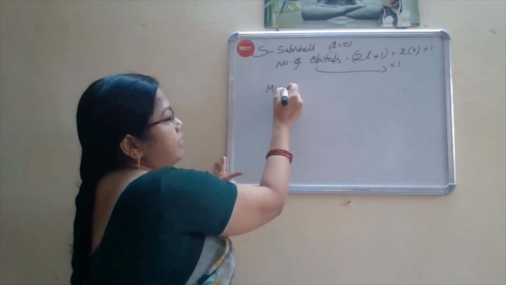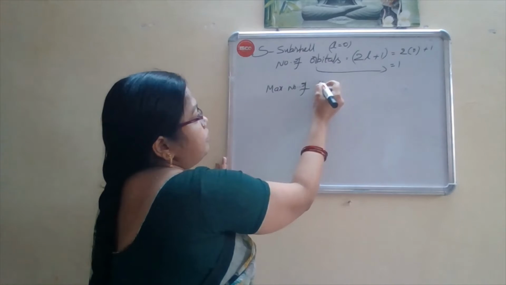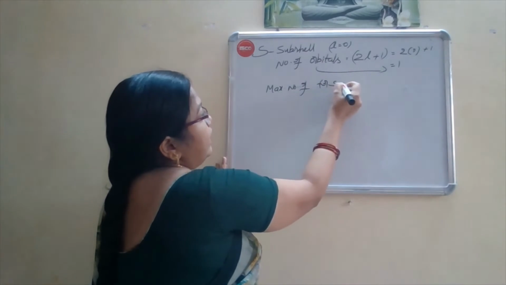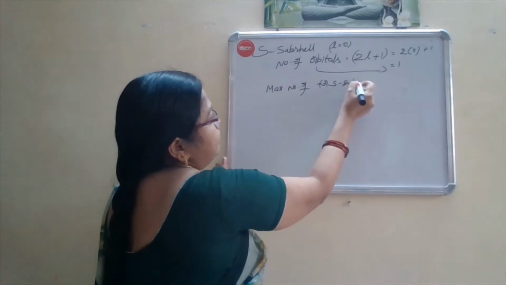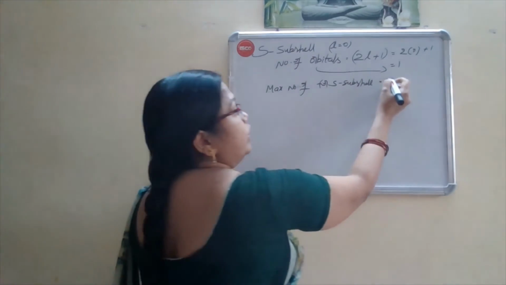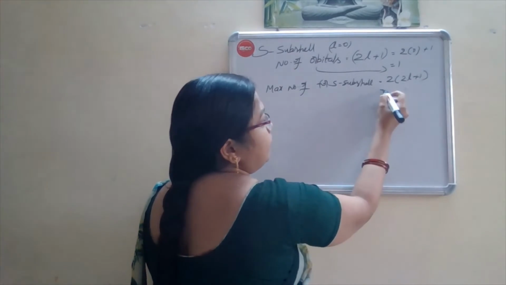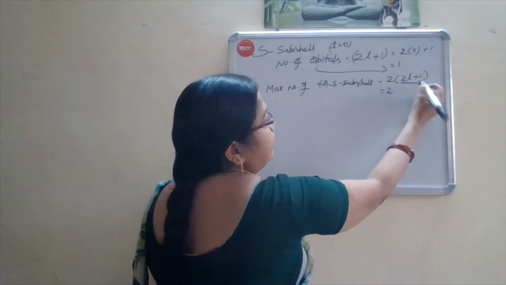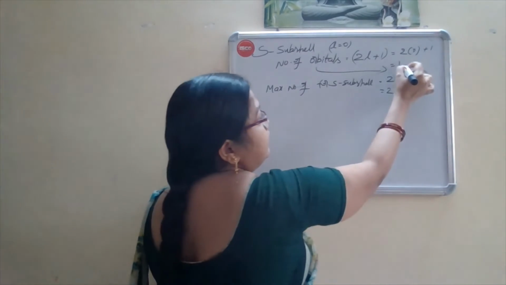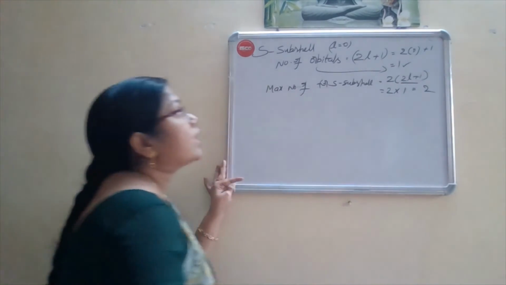Maximum number of electrons for a subshell is given by the formula 2 into 2L plus 1. Here 2L plus 1 value is 1, so 2 into 1 equals 2.